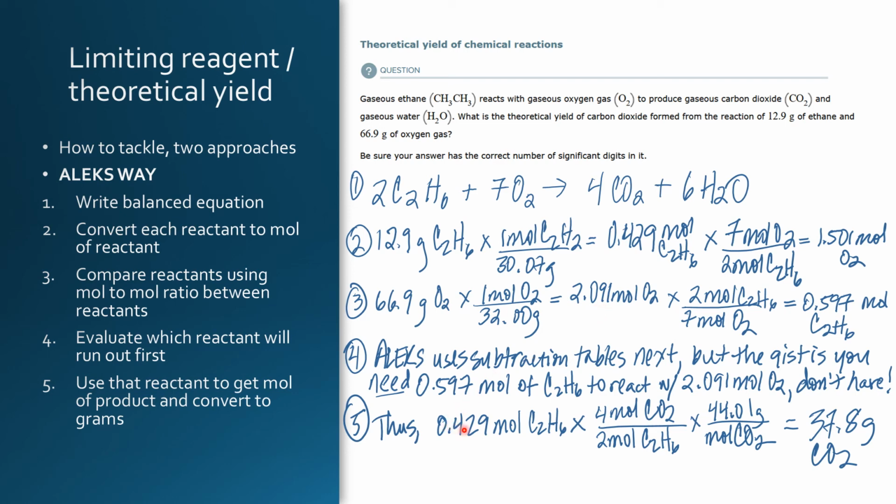From there, we can proceed to step 5 and say, okay, 0.429 moles of ethane will produce a certain amount of carbon dioxide based on the mole-to-mole ratio. 4 moles of CO2 will be generated for every 2 moles of ethane used. And then once we have that, we simply multiply by the molar mass of carbon dioxide, and we get the same answer we did the last time.